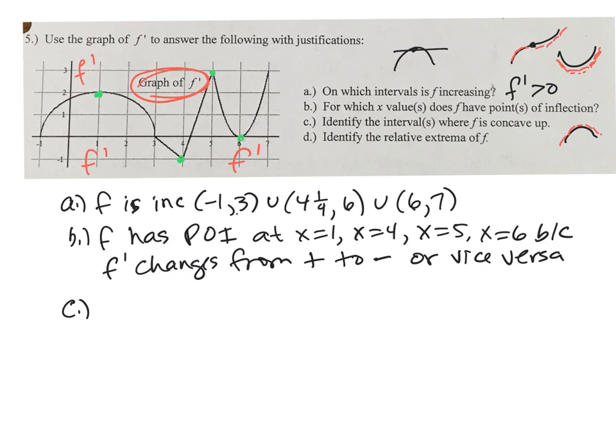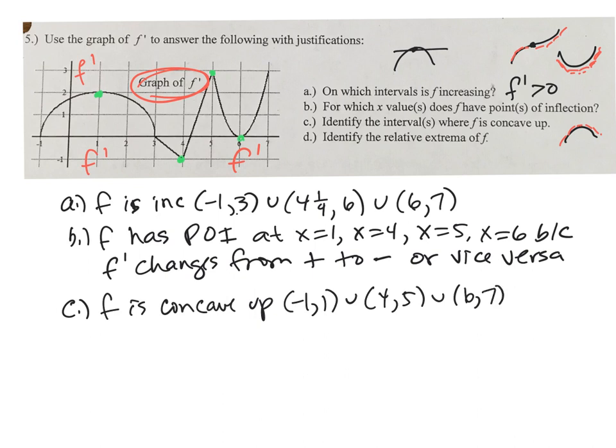So we're going to say that f is concave up on the interval from -1 to 1, and from 4 to 5, and from 6 to 7, and our reason is because that is where f prime is increasing.